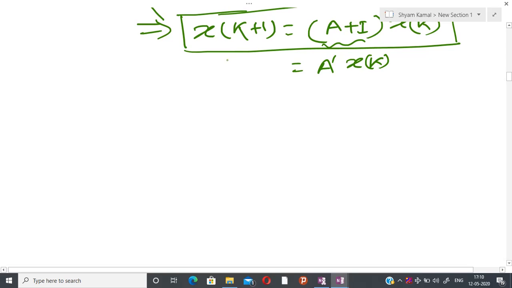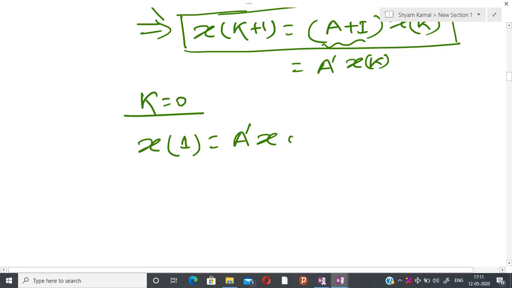At that time you have to start with some initial conditions. So suppose I substitute k equal to 0, then I will generate x1, that is A dash into x0. So this is at the first instant.